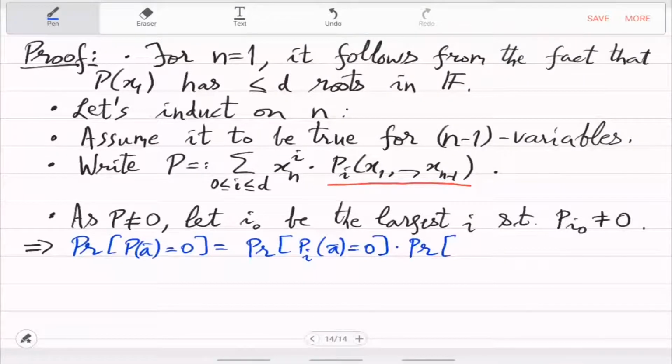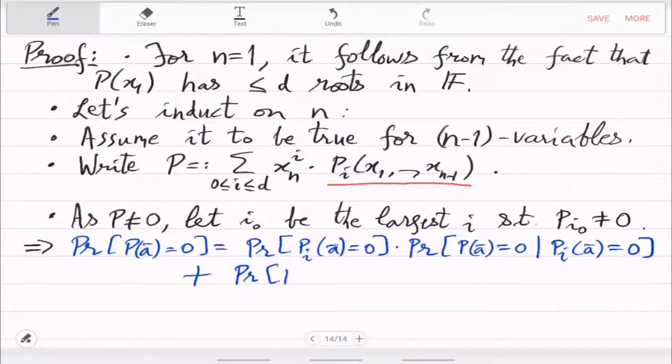Then you have to condition this on Pi vanishing. So P(a bar) = 0 given that Pi vanished, plus the probability that Pi did not vanish but still P vanished.